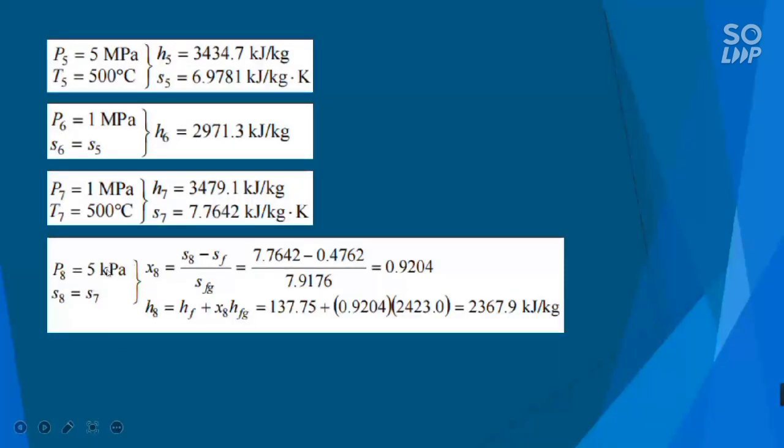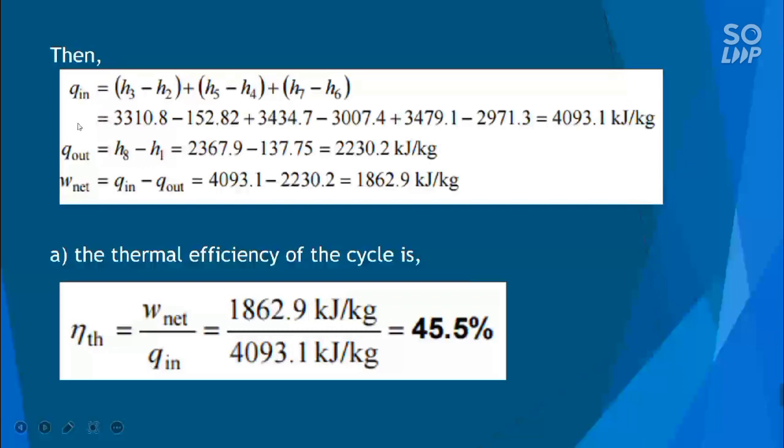And at state 8, at 5 kilopascal, the quality is equal to 0.9204, and our enthalpy is equal to 2,367.9 kilojoule per kilogram. Now we can solve for Q in, which is equal to the enthalpy at state 3 minus the enthalpy at state 2, plus the difference between the enthalpy at state 5 and state 4, plus the difference between the enthalpy at state 7 and state 6.